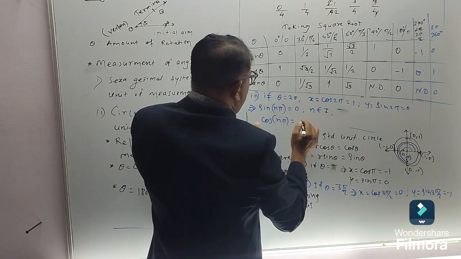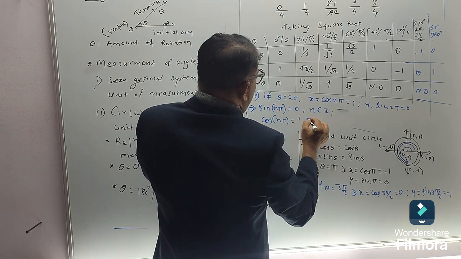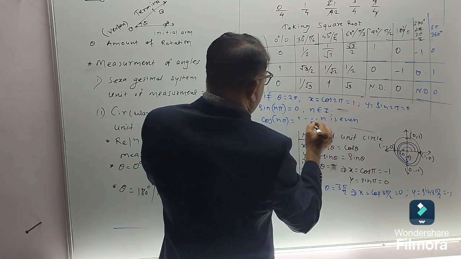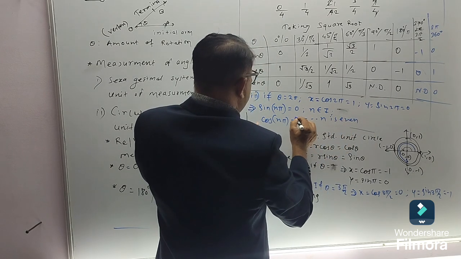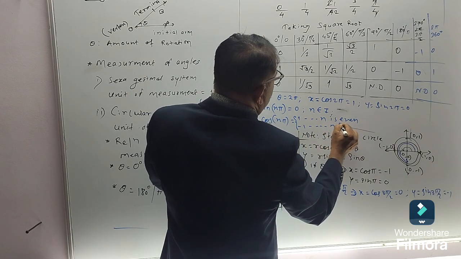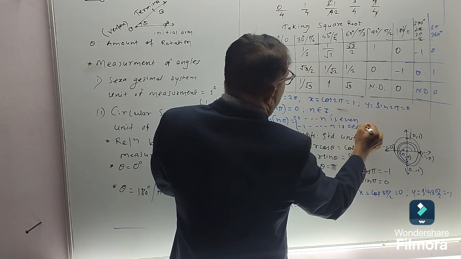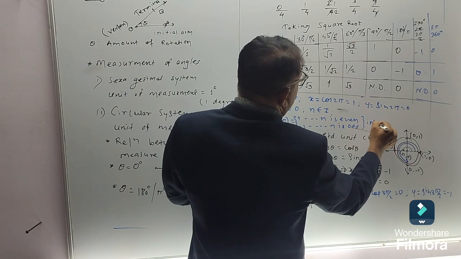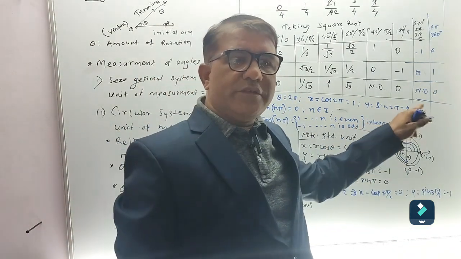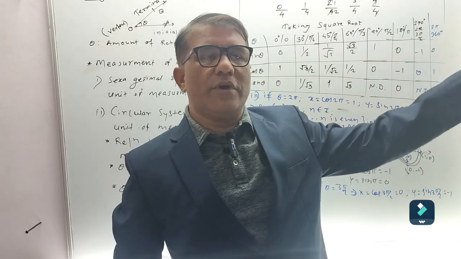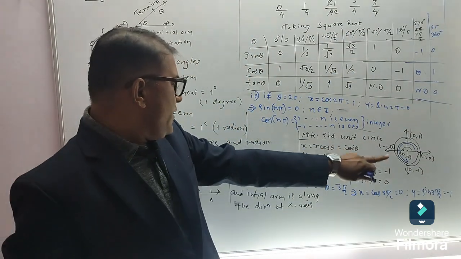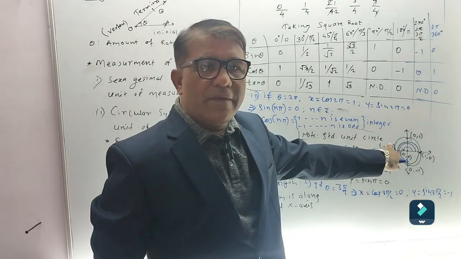Therefore, cos n pi is 1 when n is an even integer and cos n pi is -1 when n is an odd integer. Cos pi is -1, cos 2 pi is +1, cos 3 pi is -1, cos 4 pi is +1. We are observing all these things.